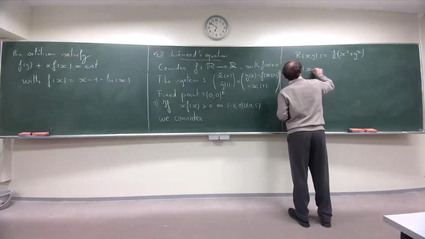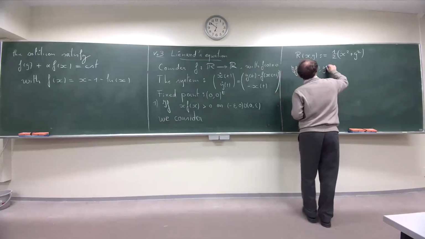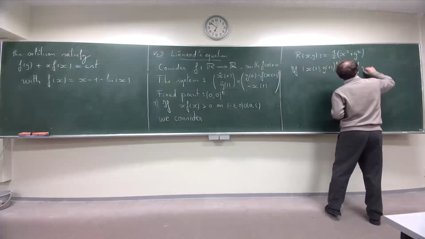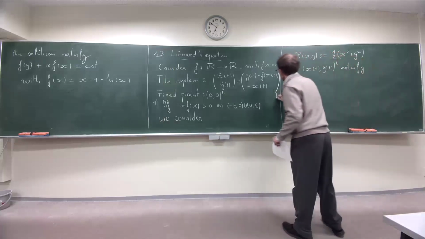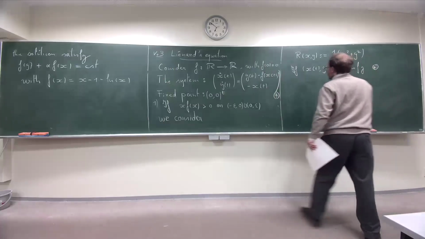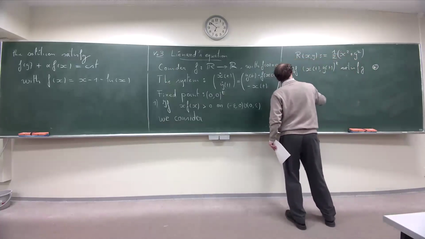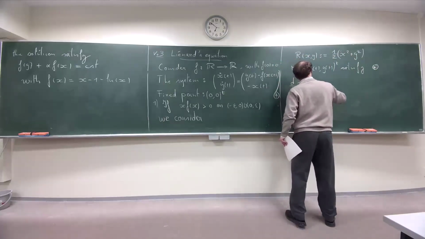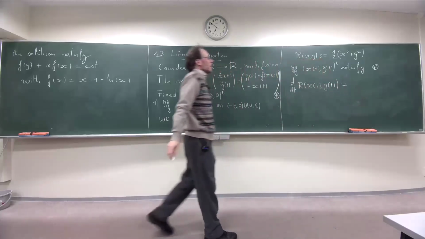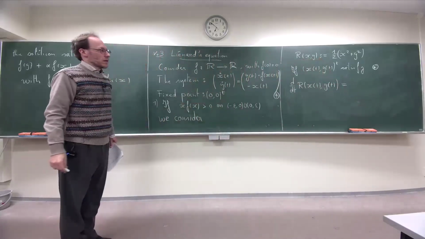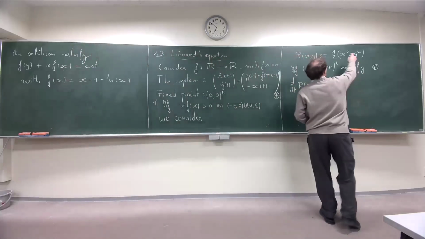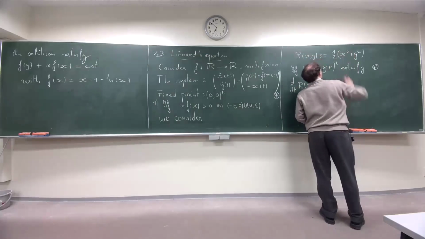If (x(t), y(t)) transpose satisfy the differential equation, so if we have a solution of this, let's compute d over dt of R of x(t), y(t). It's a derivative of a composition, but this is rather easy. When you differentiate, the 2 will cancel with the 1/2.